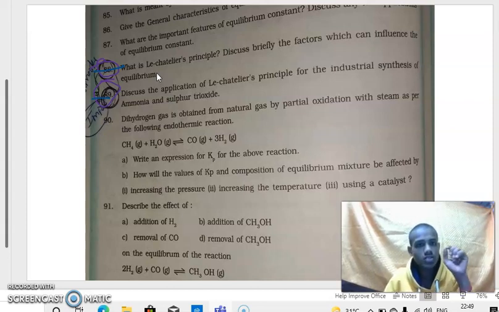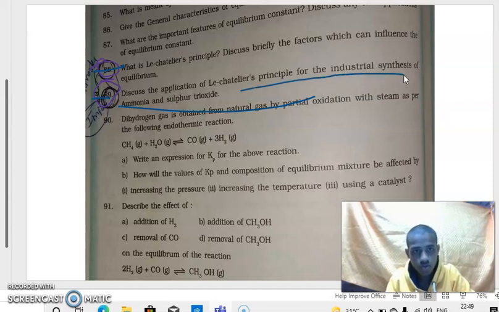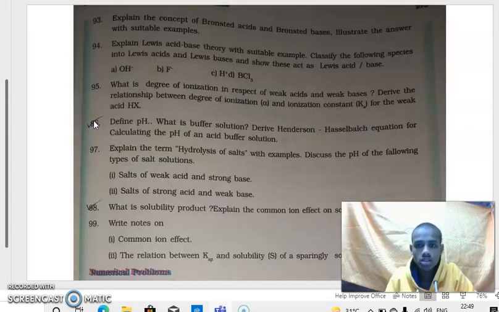Discuss briefly the factors which can influence the equilibrium. And this is also a focused question. Discuss the application of Le Chatelier's principle for the industrial synthesis of ammonia and sulfur trioxide. When the paper gets hard, you need to focus on these 2.